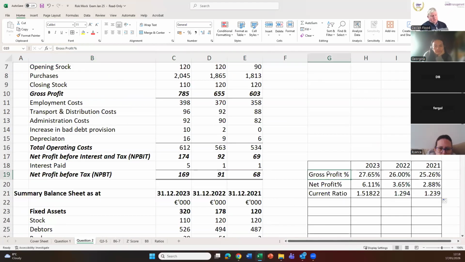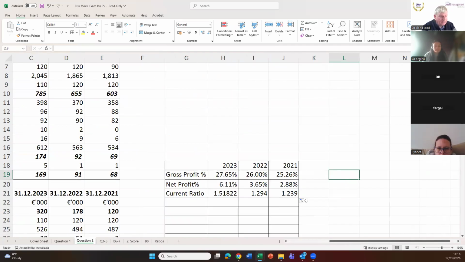It's not write a book or write a tome or whatever. So for, say, the gross profit, what we could do here is put in a comment, and stretch this out, and just put in a comment that the gross profit is good and it's getting better year on year on year, or something of that nature.